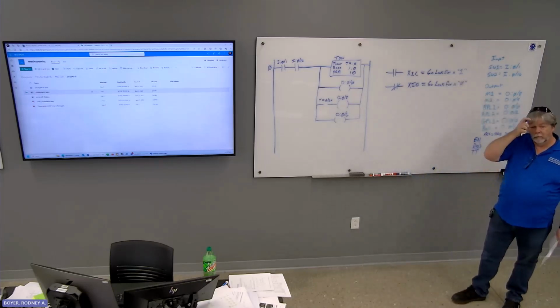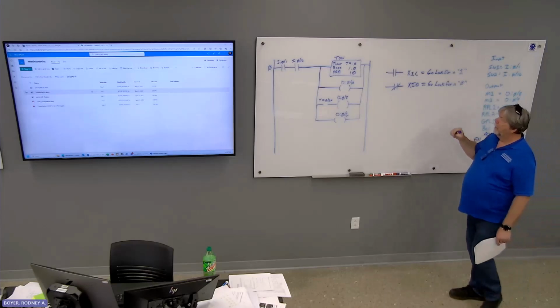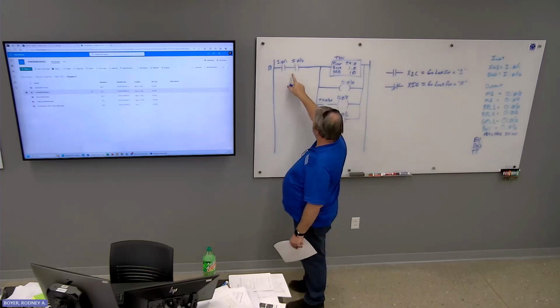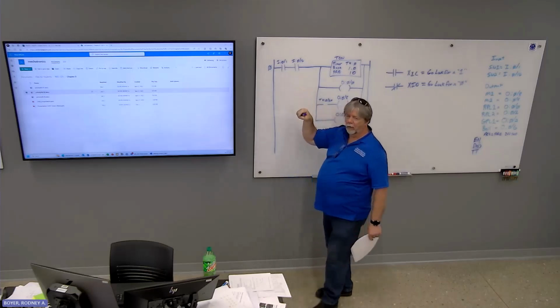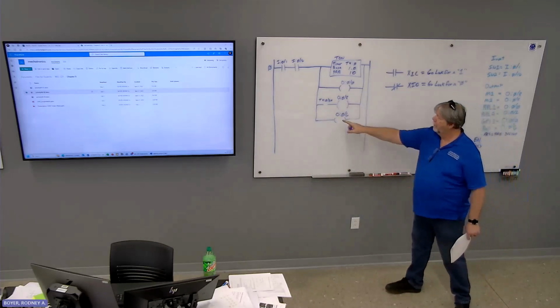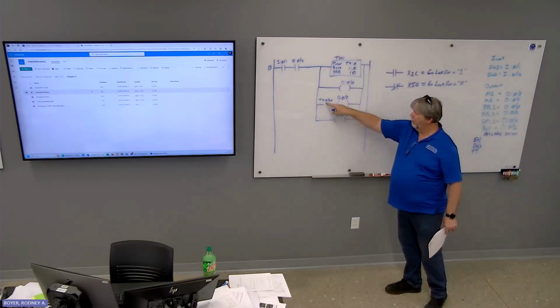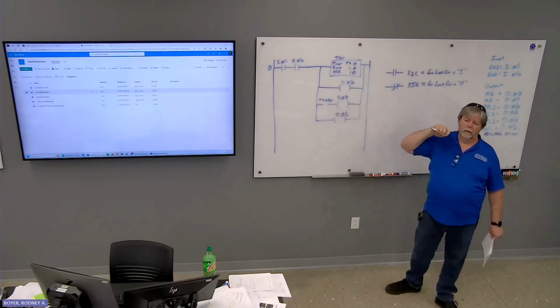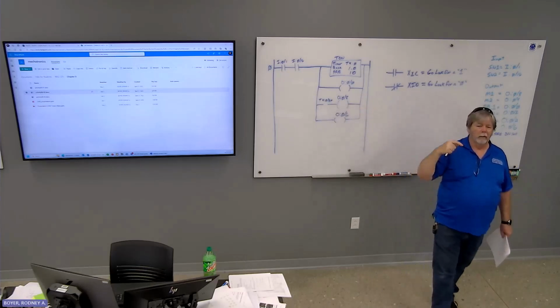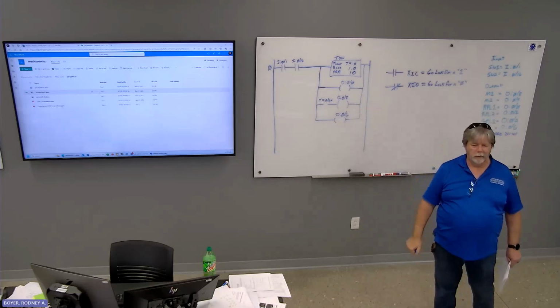Okay, so when switch 1 and switch 2 are closed, what do I need here? An address to my done bit to allow motor 1 to run until the timer expires.